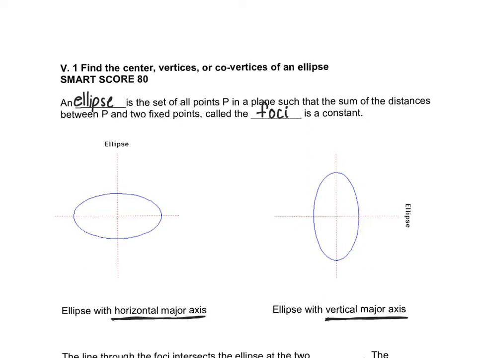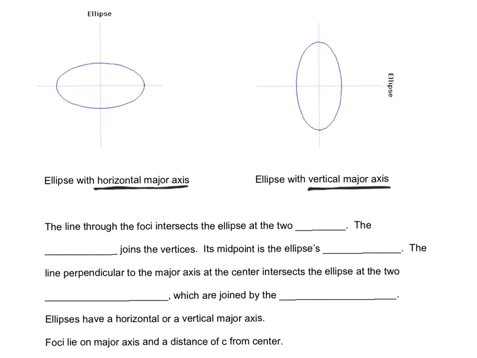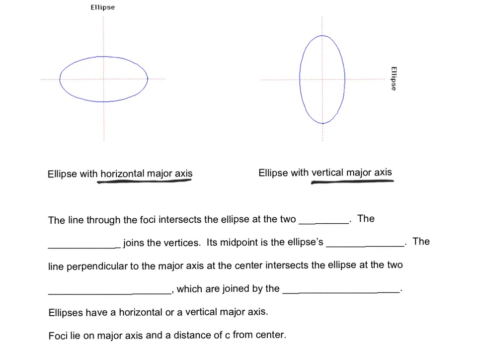When you look down here in this paragraph, we'll fill this in and go back and look at this picture. The line through the foci intersects the ellipse at two vertices. So you have vertices, and then you have what are called covertices. This axis joins the vertices.